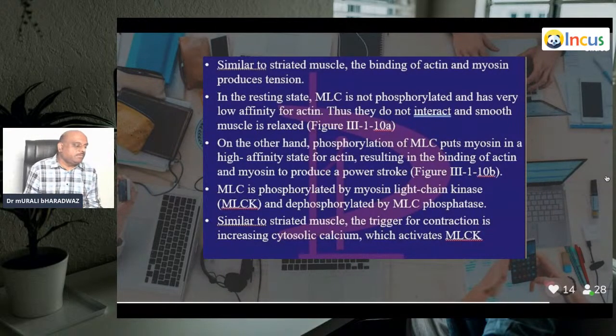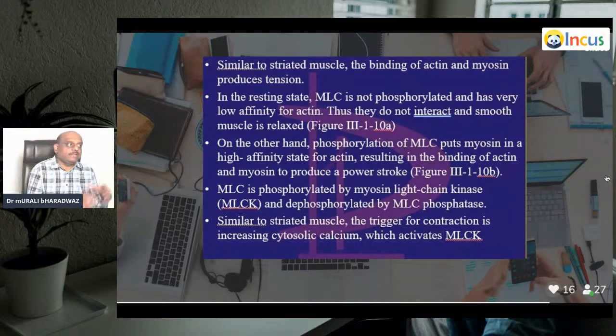The myosin light chain says, feed me peppermint, feed me chocolate, then I will talk to you. So it is not phosphorylated. Phosphate is the peppermint and the chocolate, and it has a very low affinity for actin, and they don't react with each other, and the smooth muscle is relaxed.